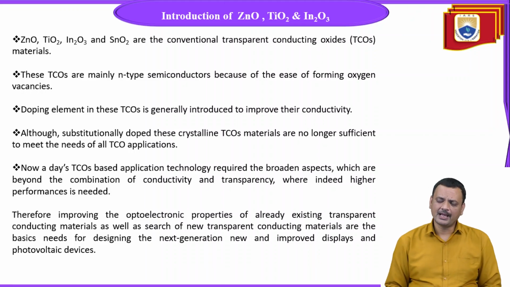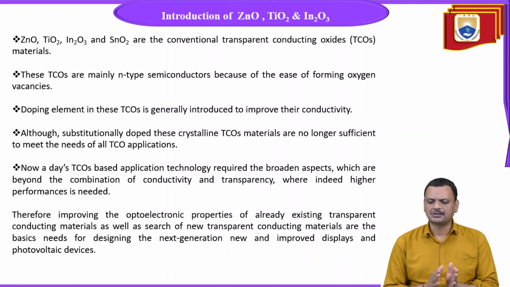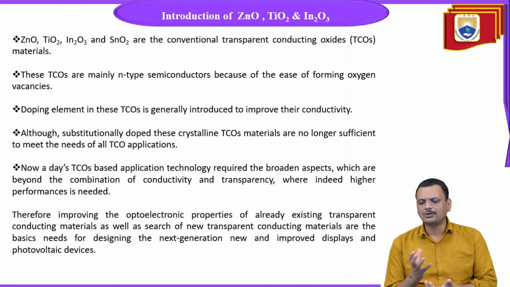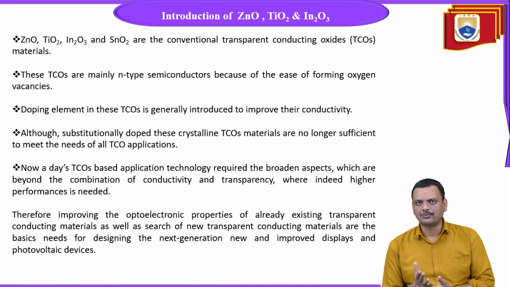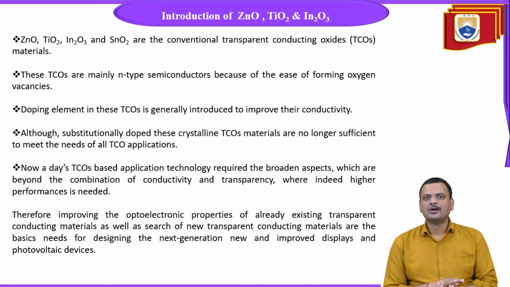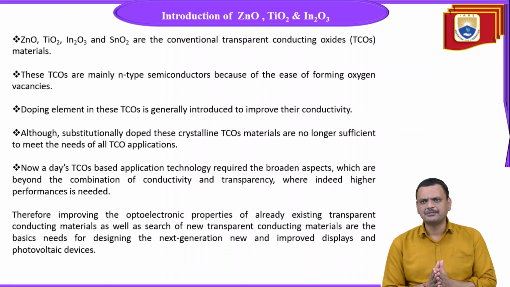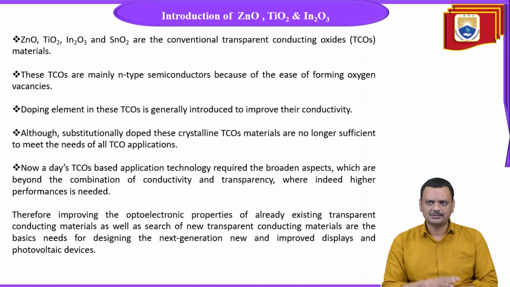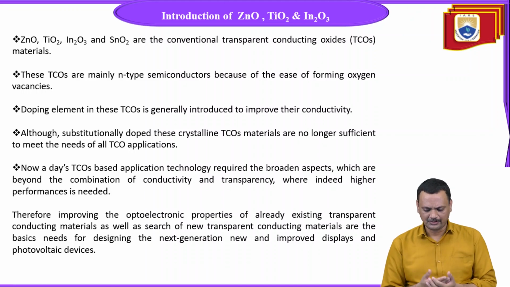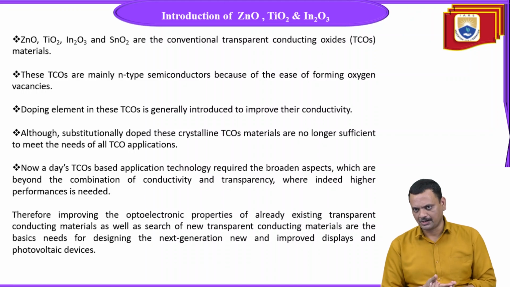Okay. Now, doping elements. Generally, without dopants, suppose you choose only the host material like ZnO, TiO2, indium oxide, SnO2, their transparent or optoelectronic behavior is not at a high level. But once you find a suitable dopant, their optoelectronic behavior will be enhanced. So you have to find out what kind of suitable dopant to use to enhance the optoelectronic behavior.